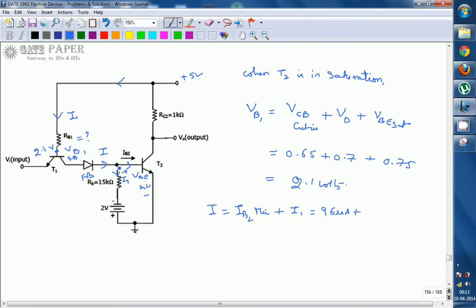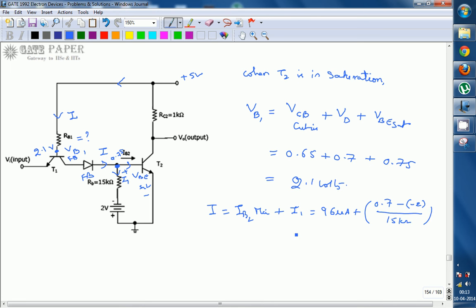So VB saturation is the voltage drop across the base of T2. This point is VB saturation, which is 0.7 volts. So we can write (VB saturation minus minus 2) divided by 15 kilo ohms.